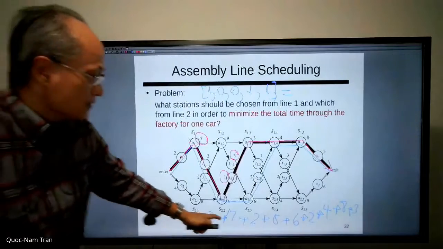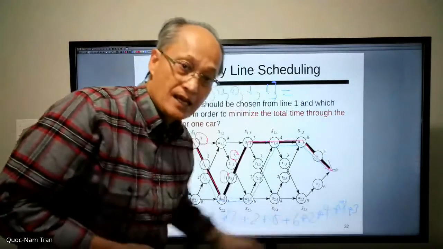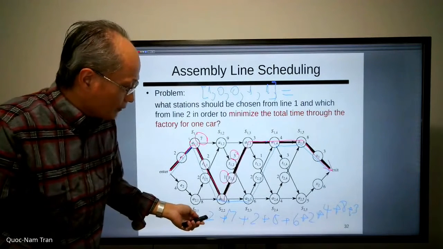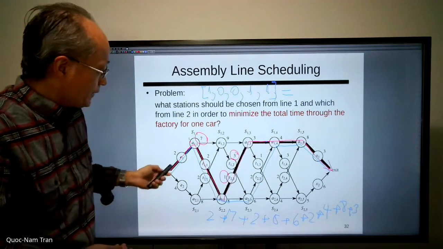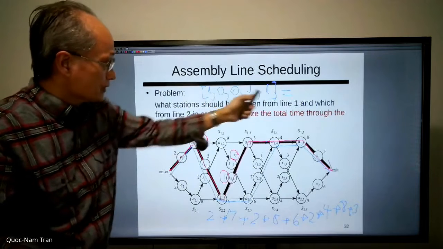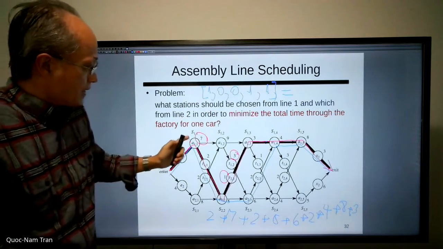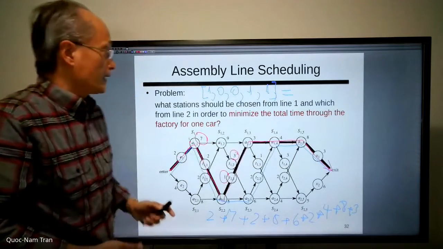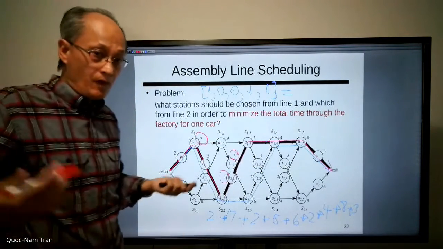So it's the total number of minutes that they have to spend when we have this specification, right? 1, 0, 0, 1, 1, right? And then we just have to go through all possibilities.